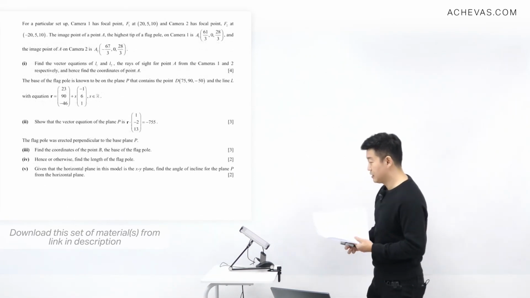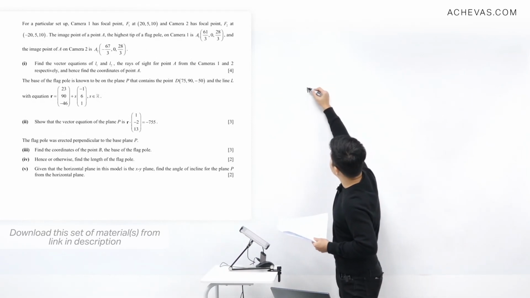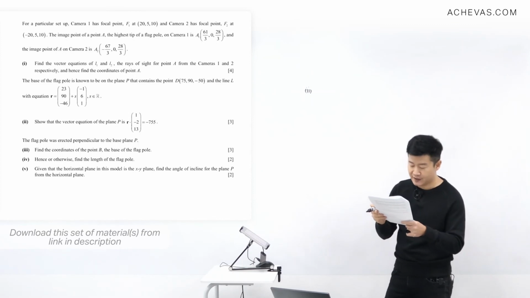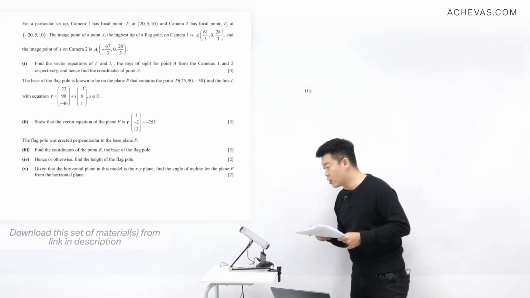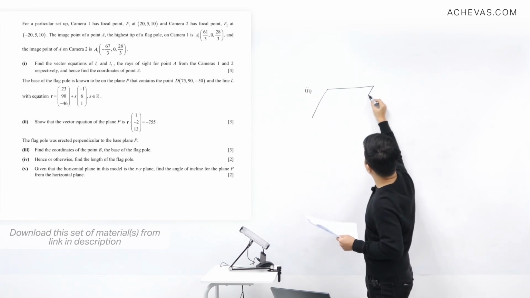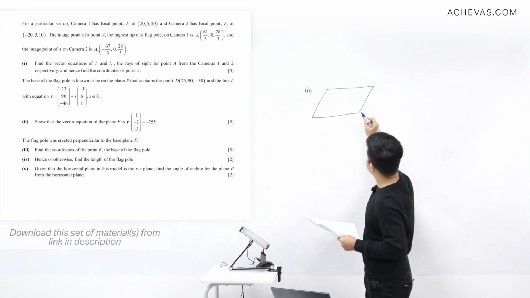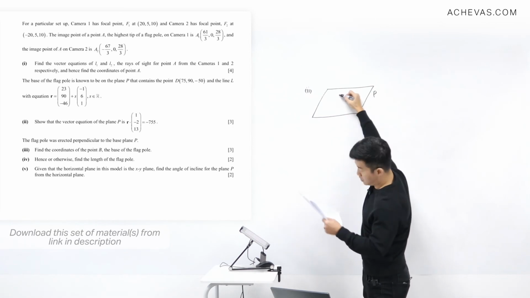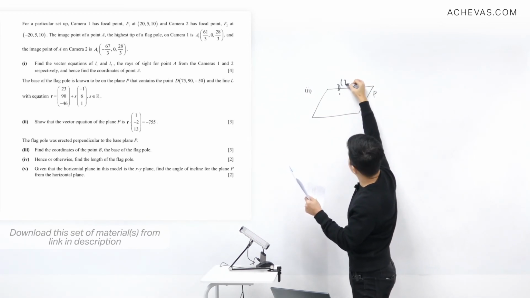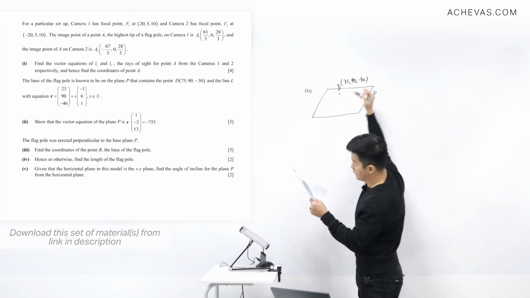Next, in part 2, we are looking at a plane P. According to what the question says, this plane contains a point D and it contains a line L. Let me just do a quick sketch of this plane. So this is plane P. It contains the point D, and this point D has coordinates (75, 90, -50).